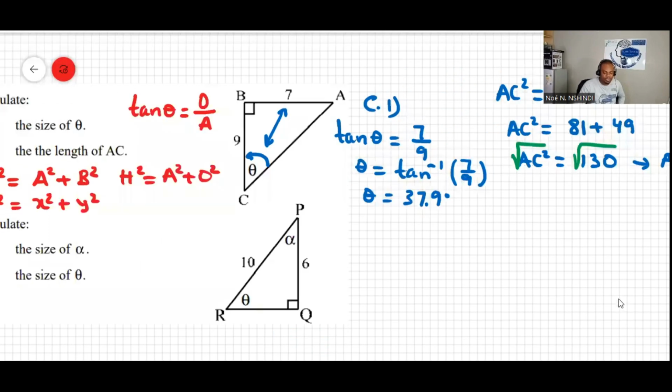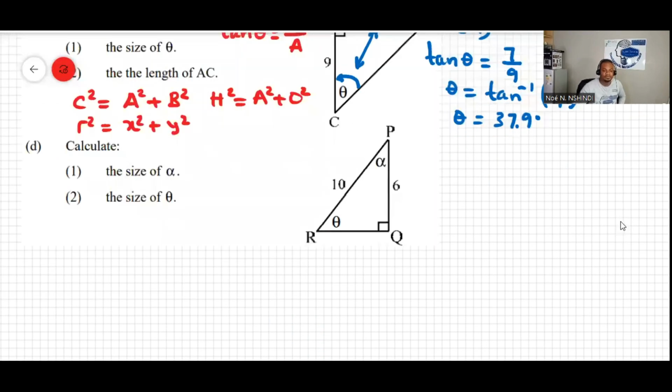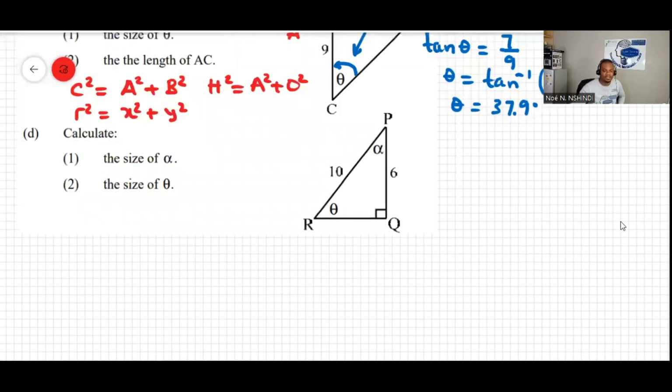Now we can also do question D. The question says calculate the size of the angle alpha and then the size of the angle theta. So we have the hypotenuse given, and also this side is given. If I need to find alpha, I look at this angle alpha here.